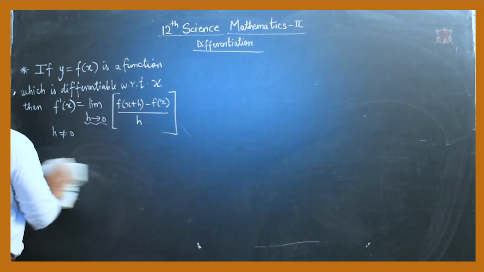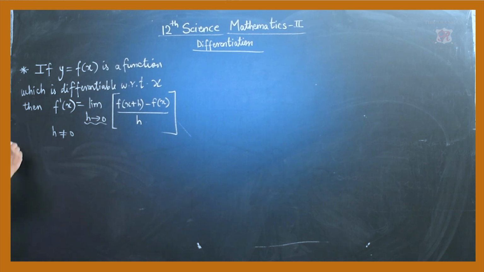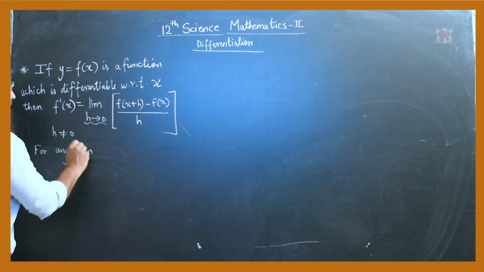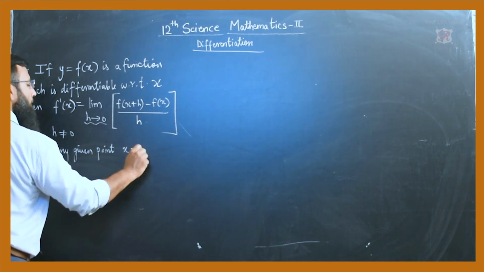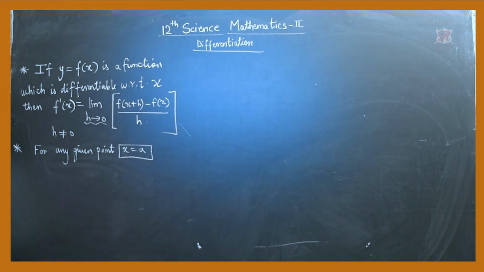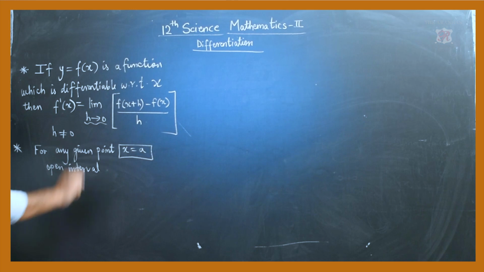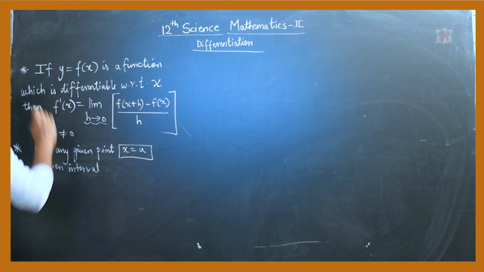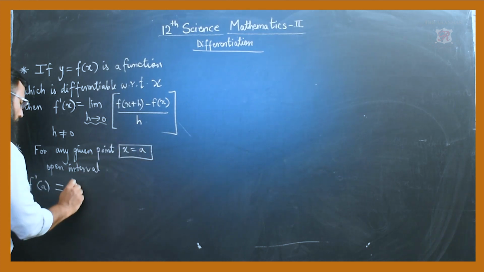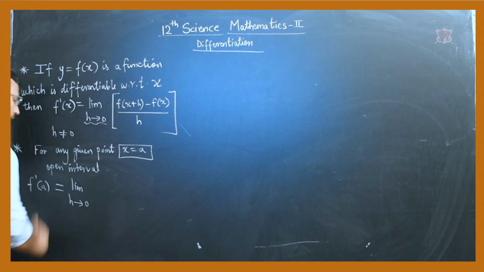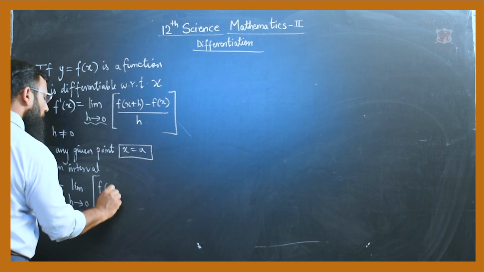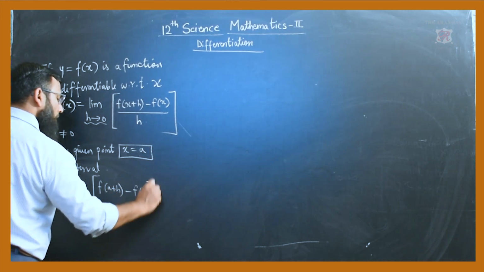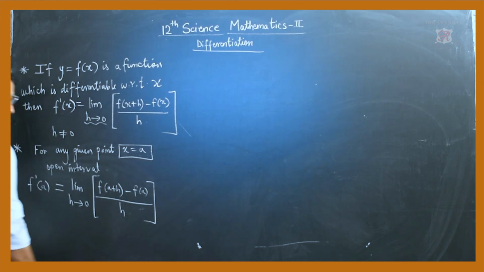with respect to x. Also, we can say for any given point x equal to a in the open interval, f dash of a, instead of x we will have f dash of a at the point x equal to a, will be the limit h tends to 0 of f of a plus h minus f of a upon h.